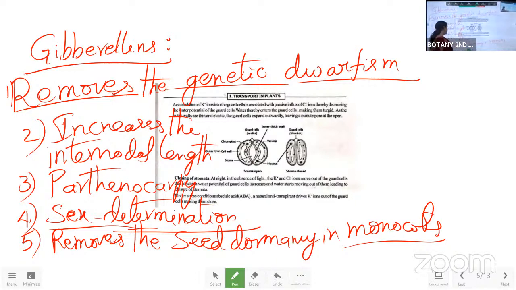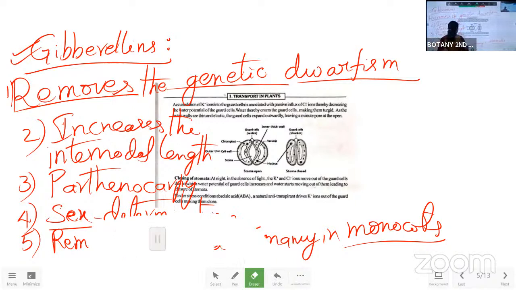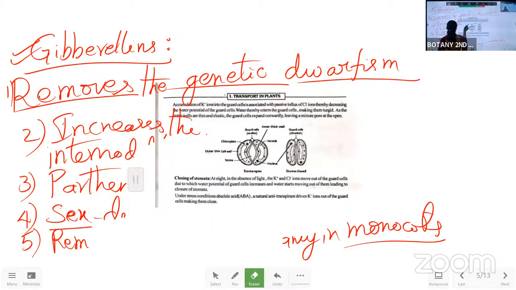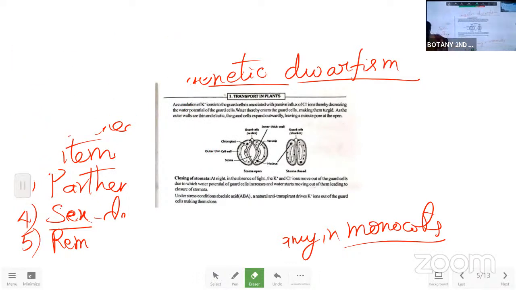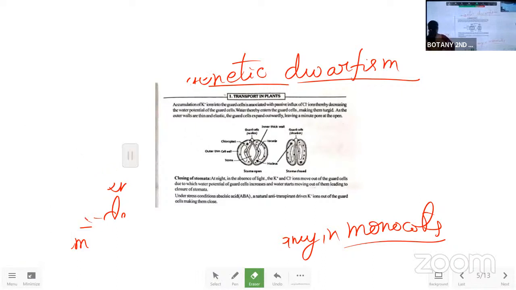Okay, that is possible only with the gibberellins, and it removes bolting. That is, the buds are going to show proper growth by the application of gibberellins, and the internodal length will be more.